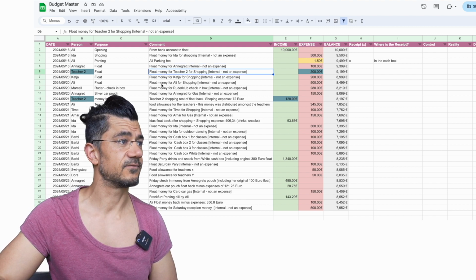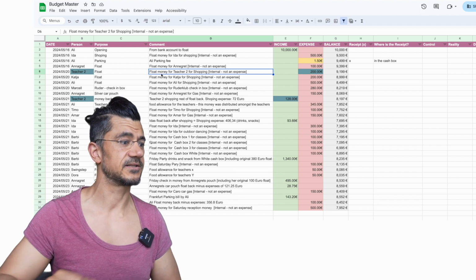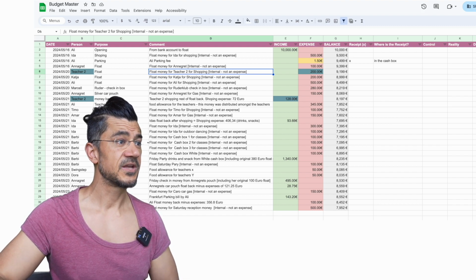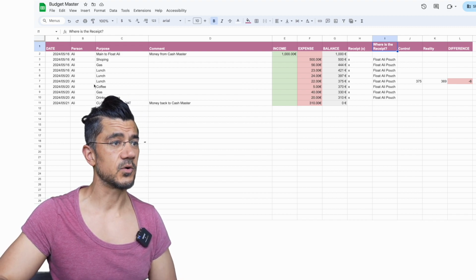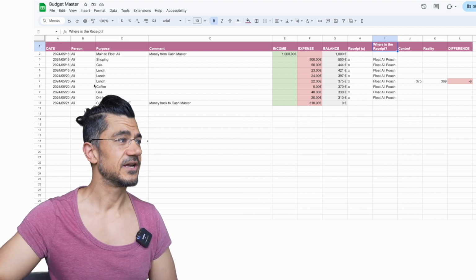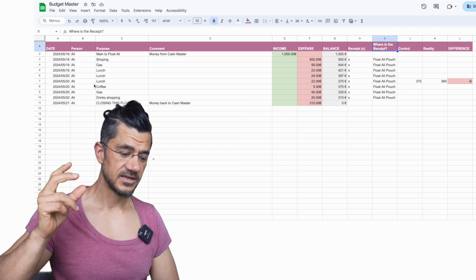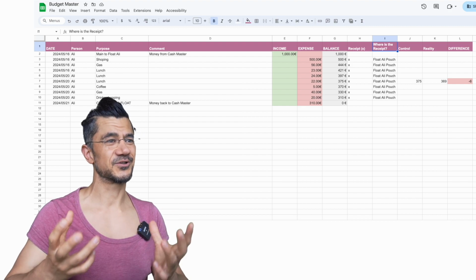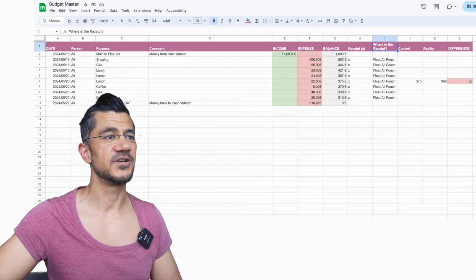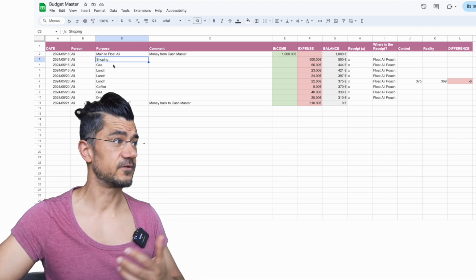So for example, float for Annegret, float for maybe the teacher who needs some cash. And once you give out these floats, each of the people should have their own dashboard as well, so to say. So each pouch, each box, each wallet should have its own individual ledger that you follow through with.